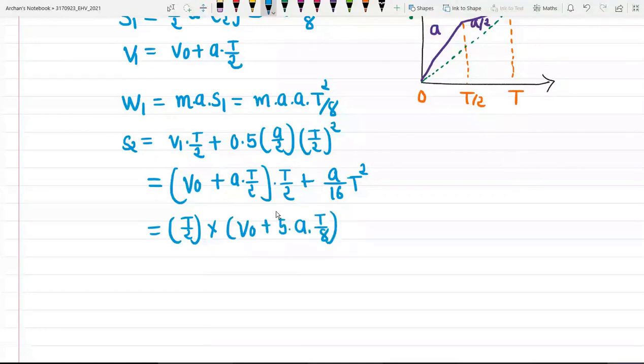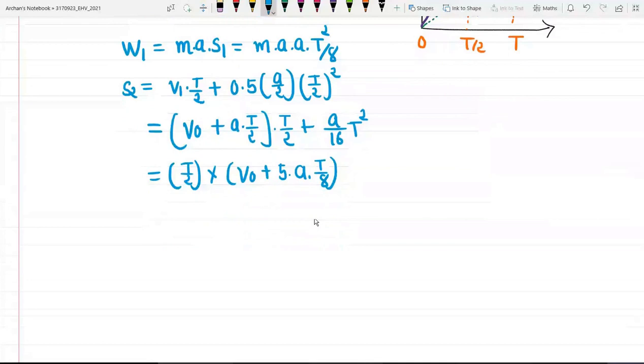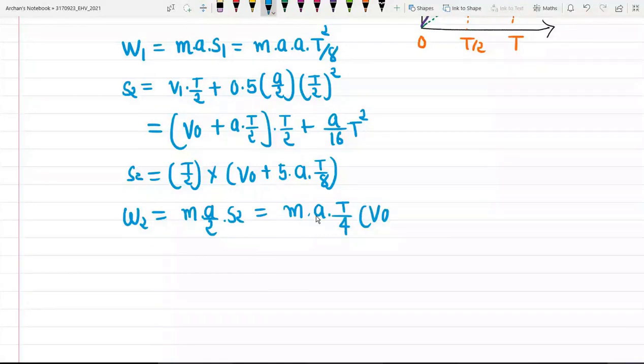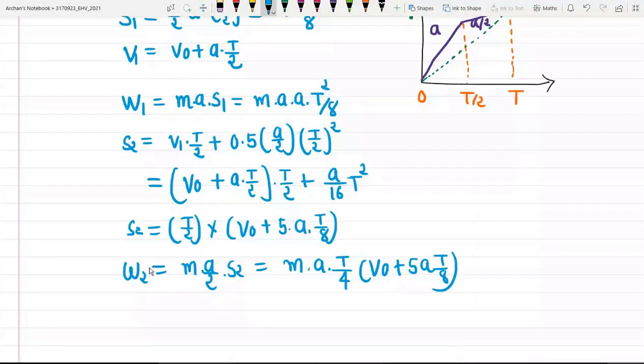This is the distance covered from t by 2 to t, and the work done during this period is m into a by 2 times s2, which equals ma t by 4 into v0 plus 5a t by 8. This is the work done during the second part, and the earlier was the work done during the first part.